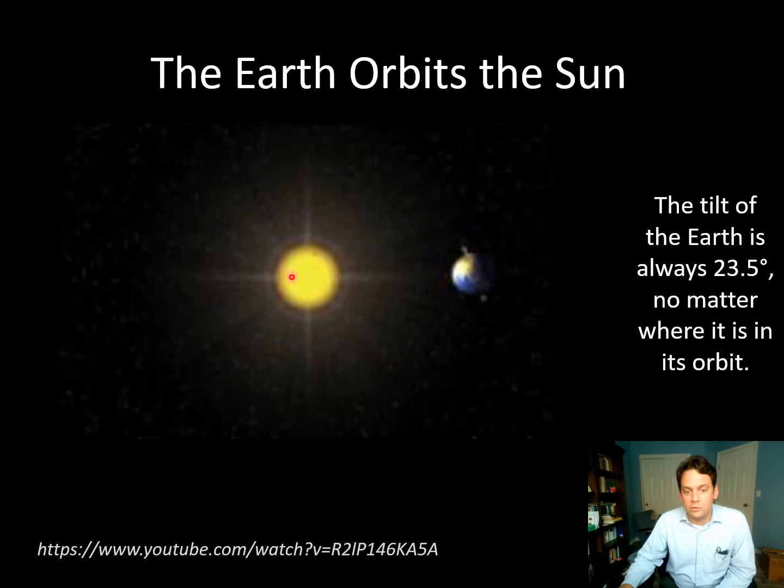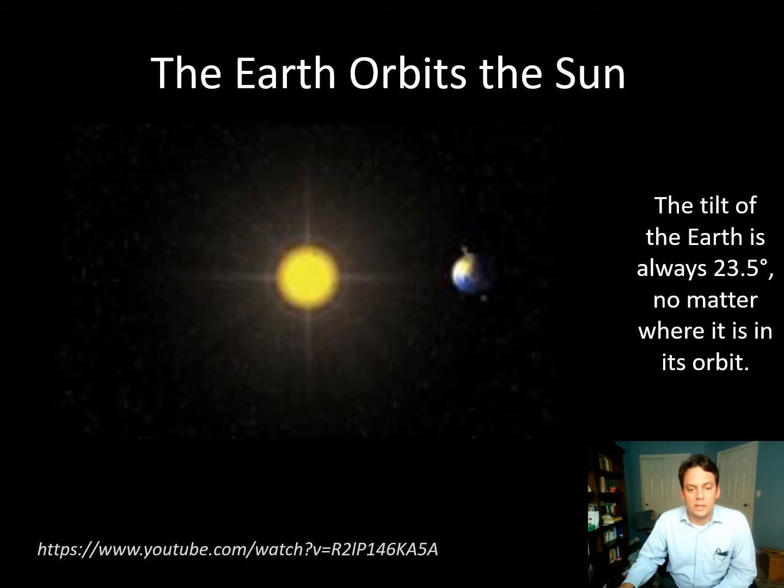So again, if you draw a line connecting the Sun and the Earth, then draw a line perpendicular to that line, the Earth's axis is 23.5 degrees rotated relative to that line. And it turns out that's going to make a big difference.